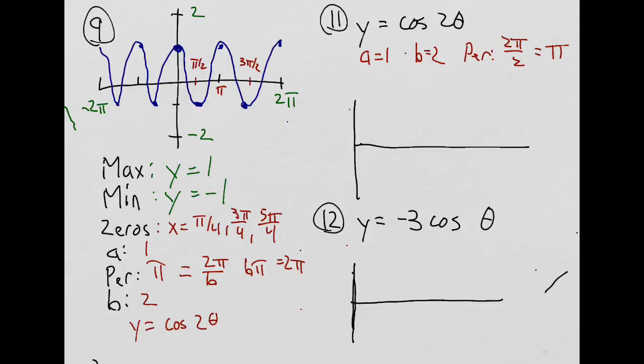All right, so sketching it out. Amplitude is 1, so it's going to go from negative 1 to 1 in terms of y. Period is pi. So I'm going to put a pi right there, put a pi over 2 right there. And I'm going to sketch in the curve. Okay, and if you want, you can put tick marks kind of in between there to help guide you.